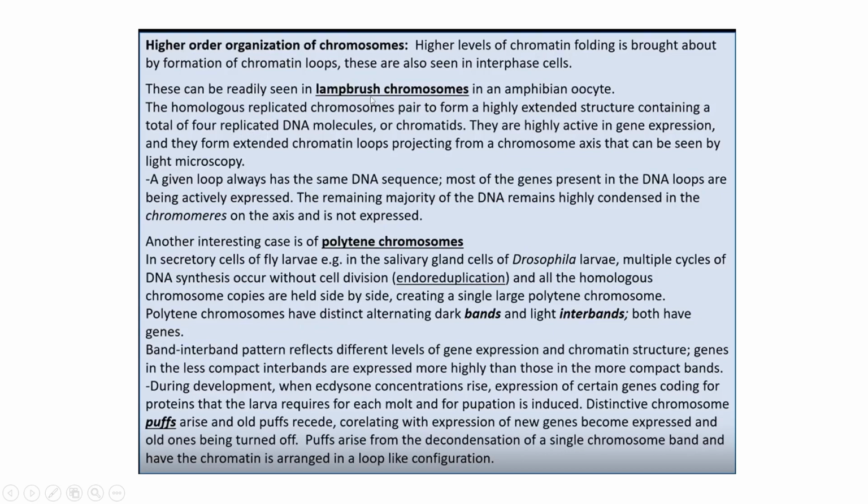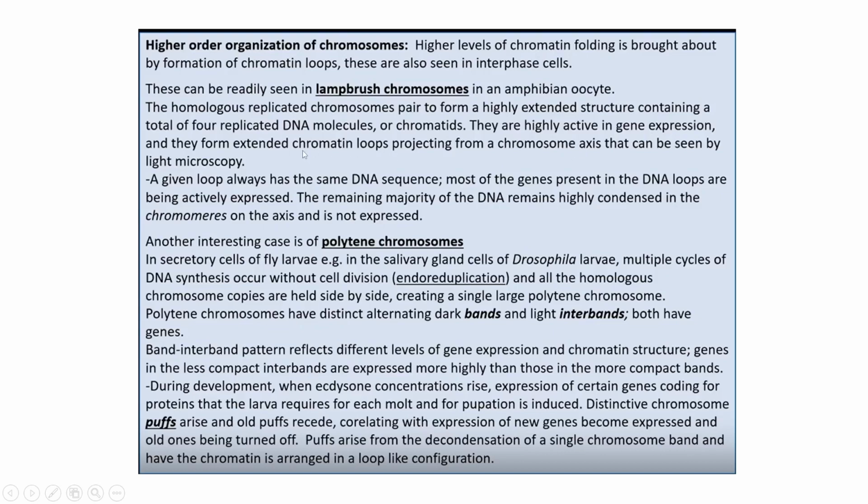In the lampbrush chromosome formation, these 4 replicated DNA molecules are linked to each other. It is not separated, and it forms a highly extended structure, which is highly active in gene expression, and it forms a loop.